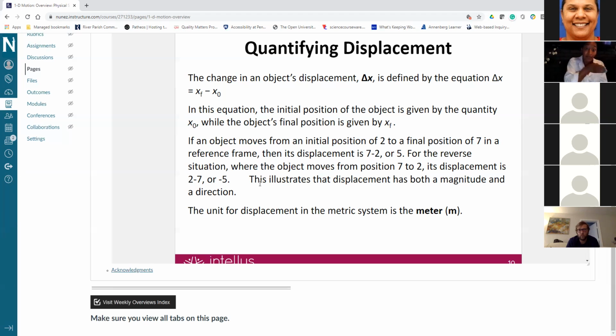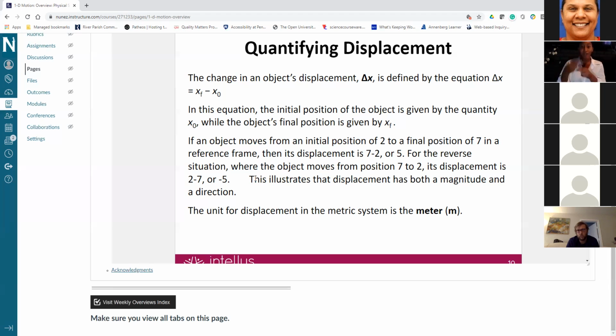Okay. That's just a brief introduction to this idea of a property like displacement that can be positive or negative. We'll look at that in more detail, especially when we talk about vectors. Now the unit, because I did say that typically these calculations finding delta x will have a unit associated with it.